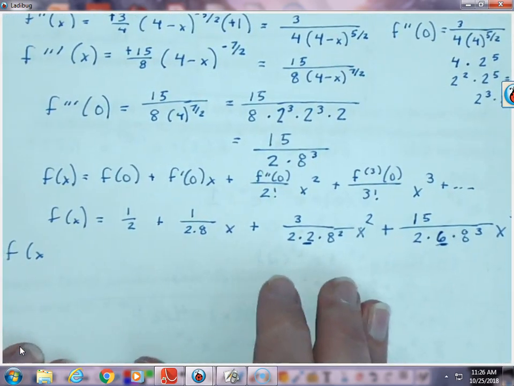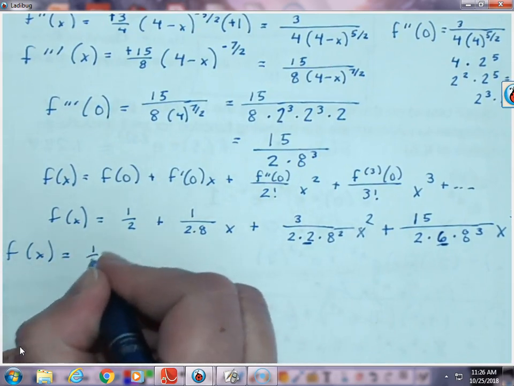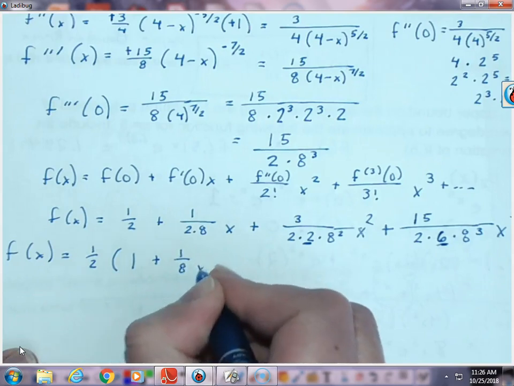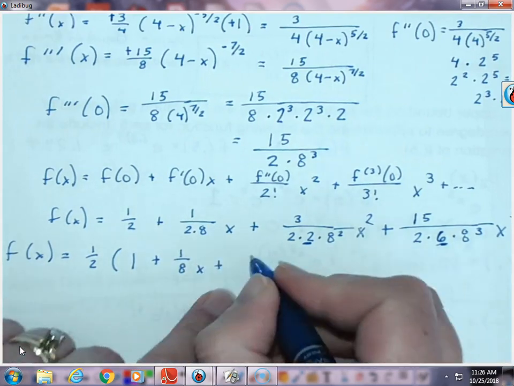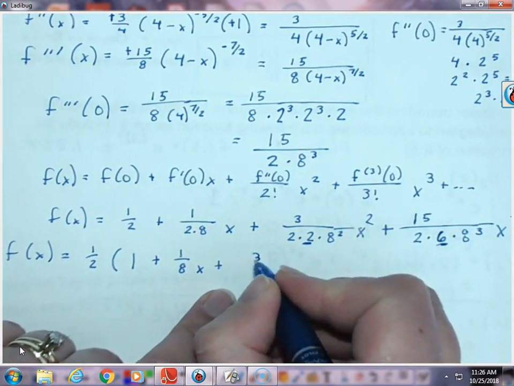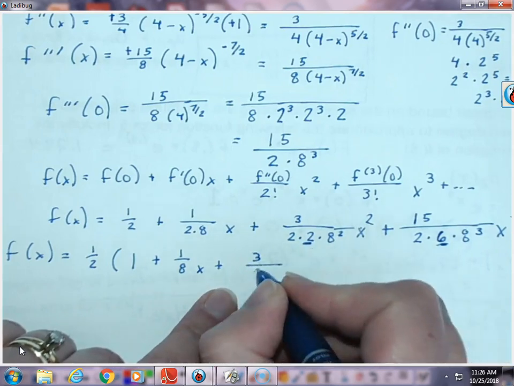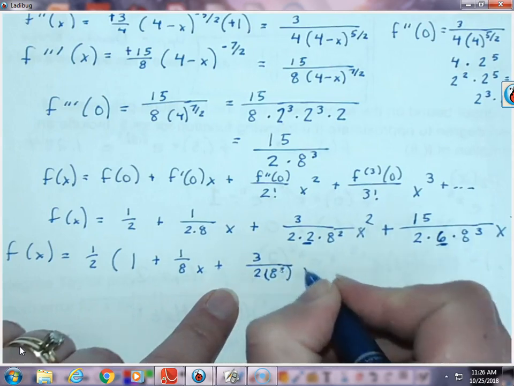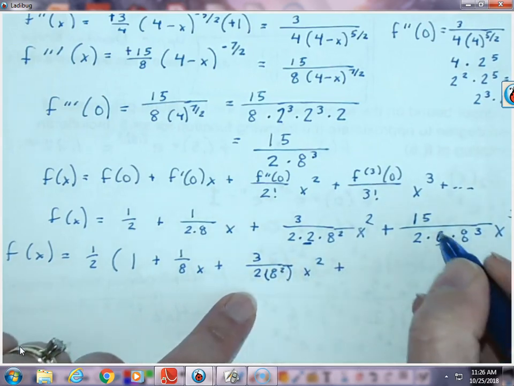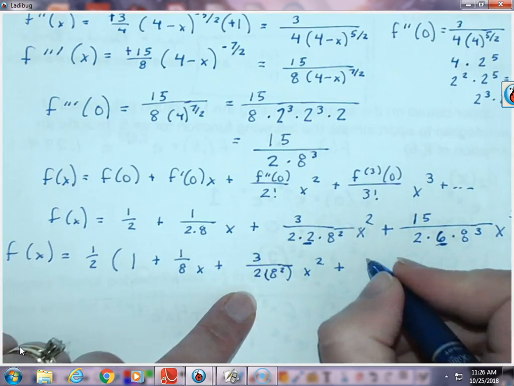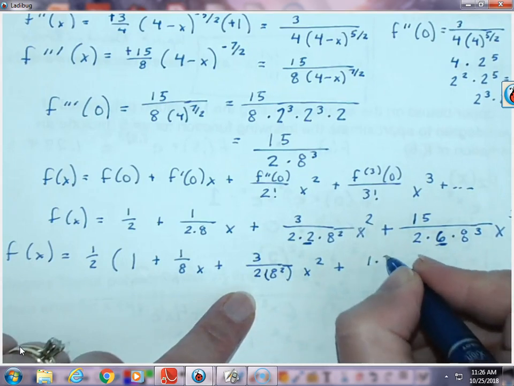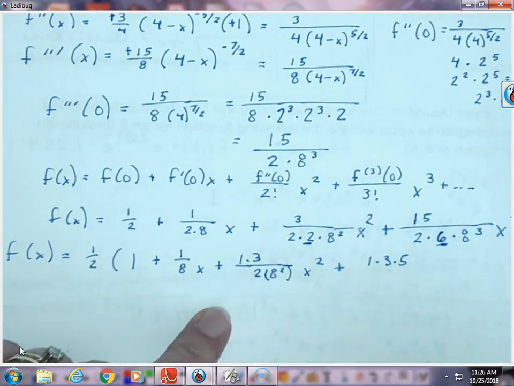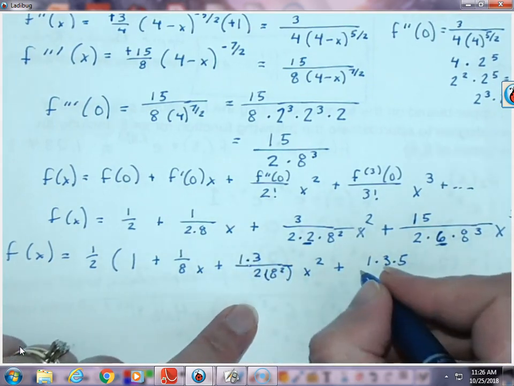We can persevere. So if you take out a half, that leaves you 1 plus 1/8 x. And then we have 3. That 2's gone. We'd have 2 times 8 squared. I'm going to do that as parentheses. And then we have the 15, but they wrote it as 1 times 3 times 5, so I'm pretty sure that's the same thing, and the 3 is 1 times 3, so I'm okay with that.